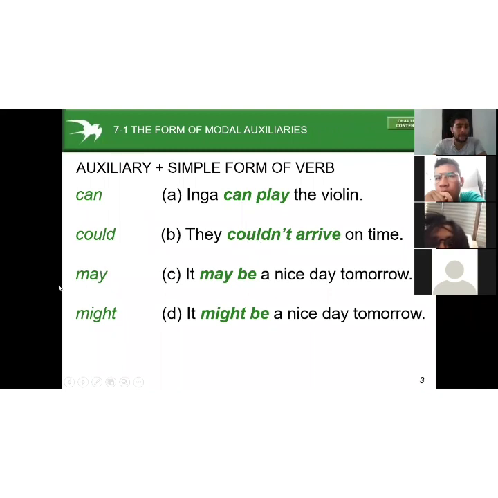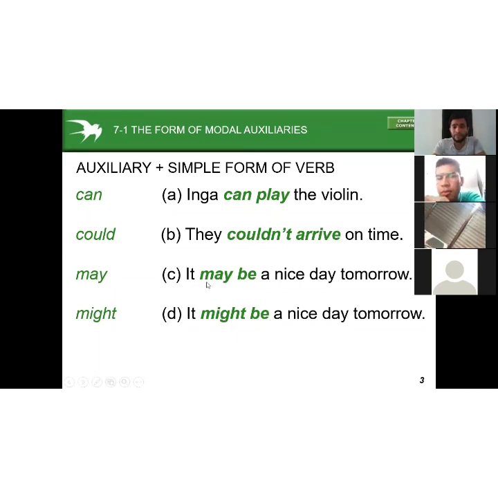And right over here we have may. May, as we had already spoken last time, we use for possibilities, something that we say in the present and may take place in the future.